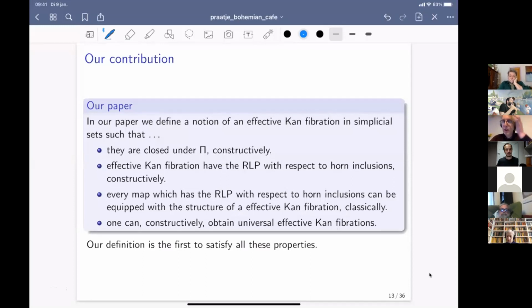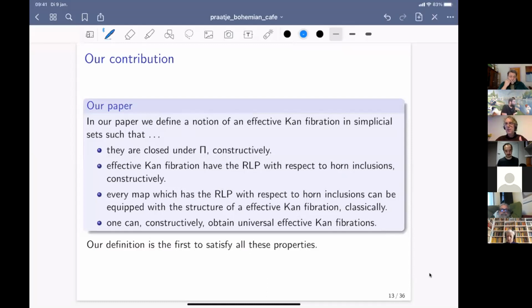Basically, they're closed under pi, so let's say closed under pushforward. The idea is that we want to interpret pi types in simplicial sets using the locally Cartesian closed structure of the category of simplicial sets.